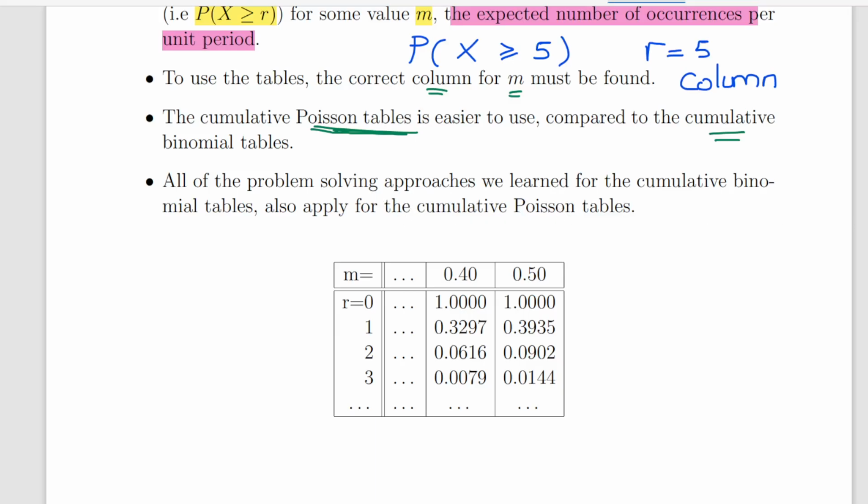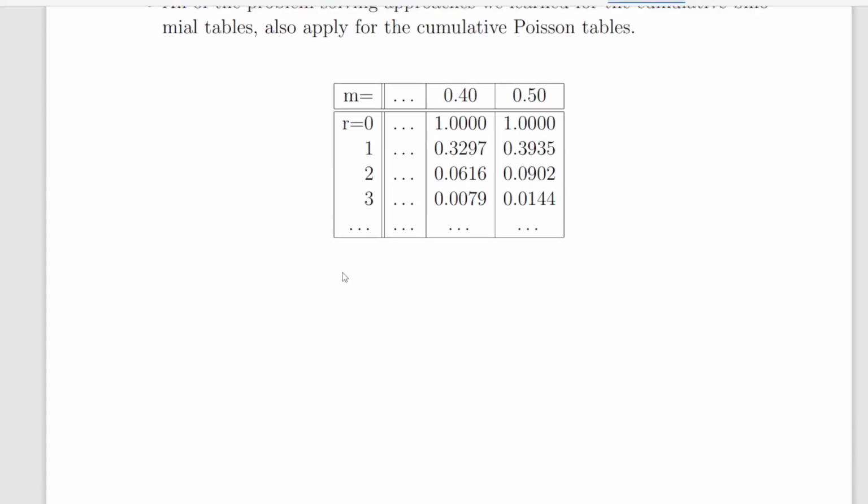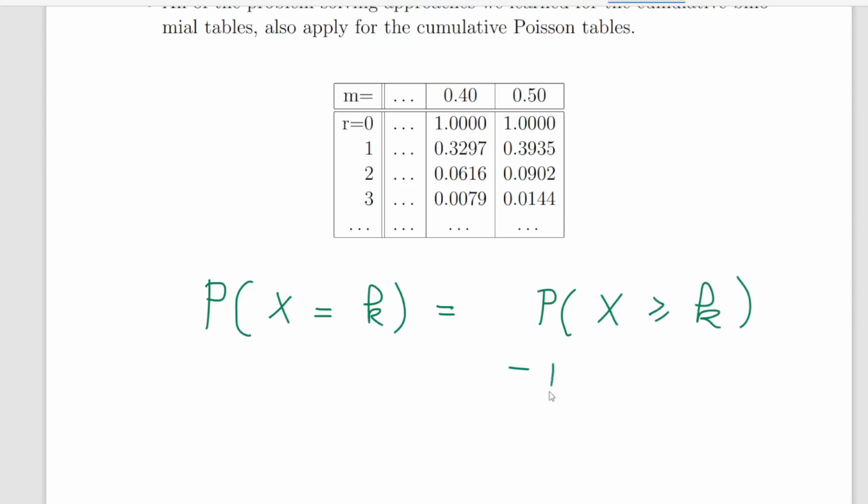Okay, that's grand. So the probability of x equal to k is the probability of x greater than or equal to k minus the probability of x greater than or equal to k plus 1. That's the approach I'm talking about. That's the way to use the tables if you want to get a specific value.